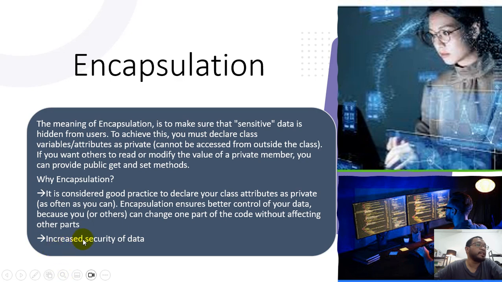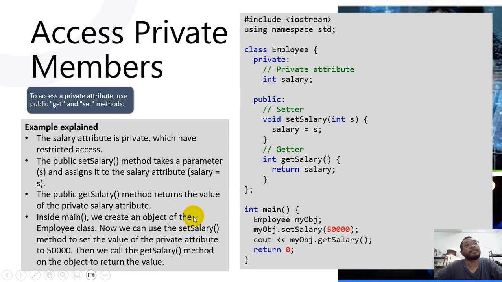It will also increase the security of your data. So for example, if you want to access the private member, like I mentioned earlier, it can only be accessed within the same class or inherited classes only. You cannot access it via the main program.